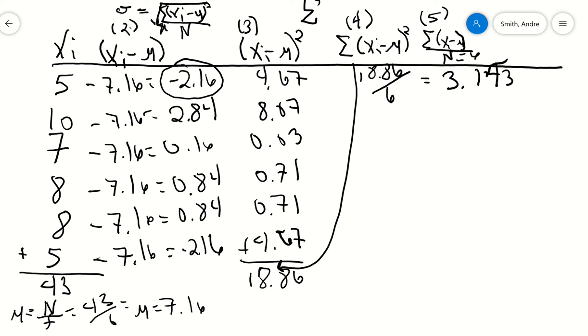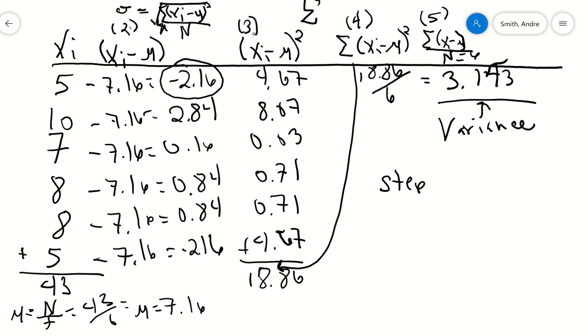We're not done because we have one more step, and the last step was to take the square root of this. But what we have without the square root is called the variance. Okay. So this is the variance, but we have an additional step.